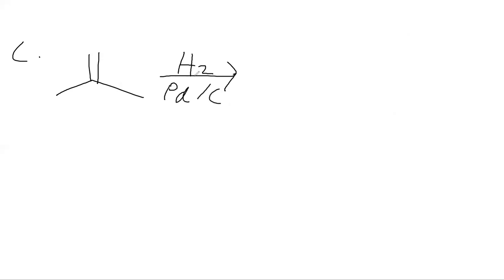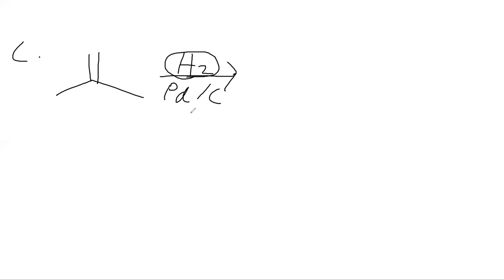C was something I'm guessing you guys saw today. You hadn't seen it last week when I posted this, but I think you could figure out what the product is just by looking at the reagents and thinking a little bit. So we're adding H2, the palladium catalyst.